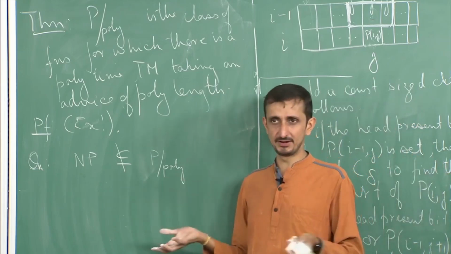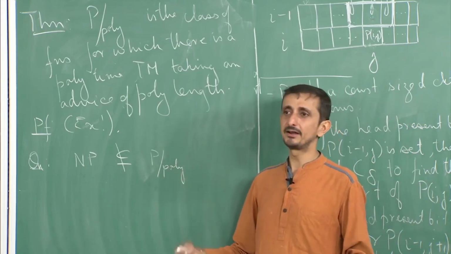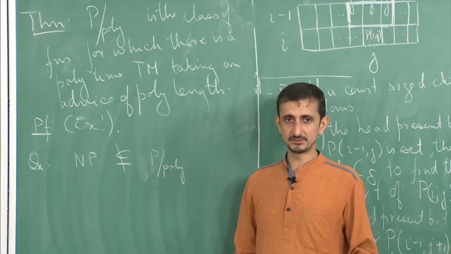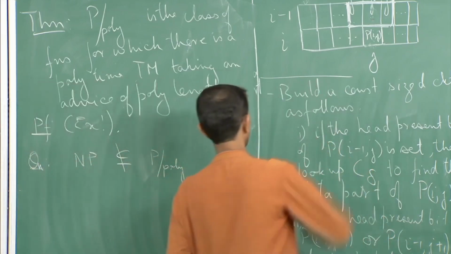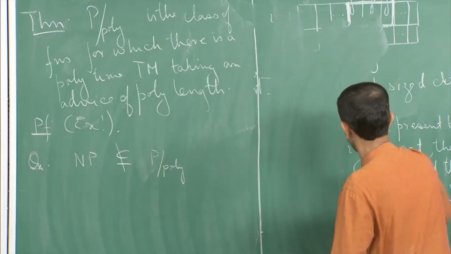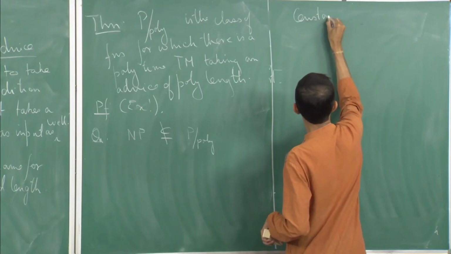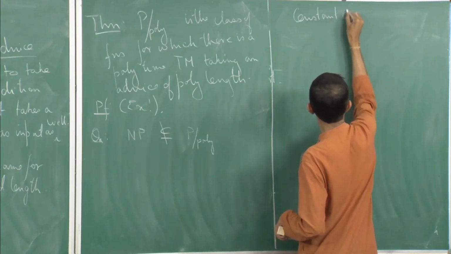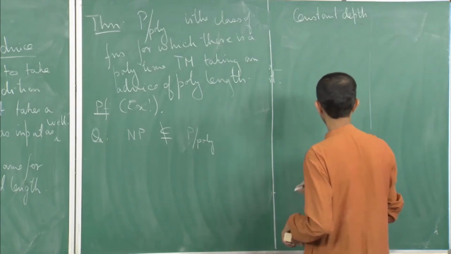Here the depth can be arbitrary, as large as polynomial. Can we, for example, argue that it is not in constant depth circuits? For constant depth, what is known is, if we move to constant depth over here.